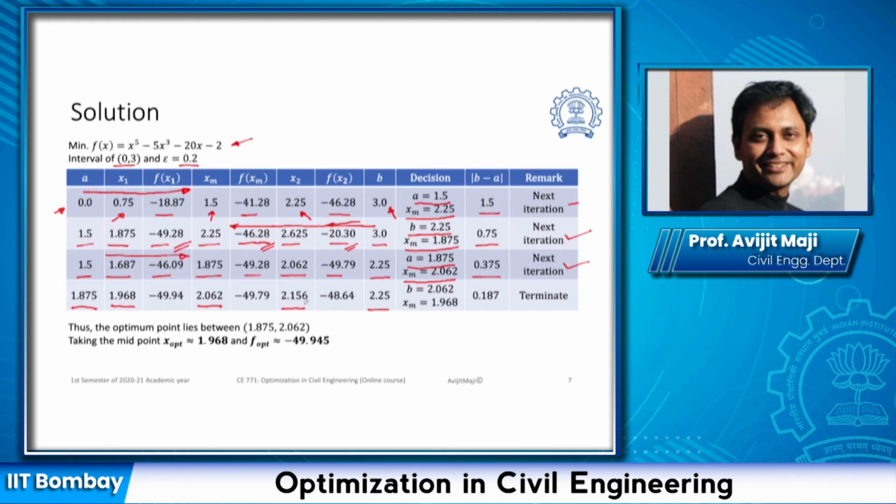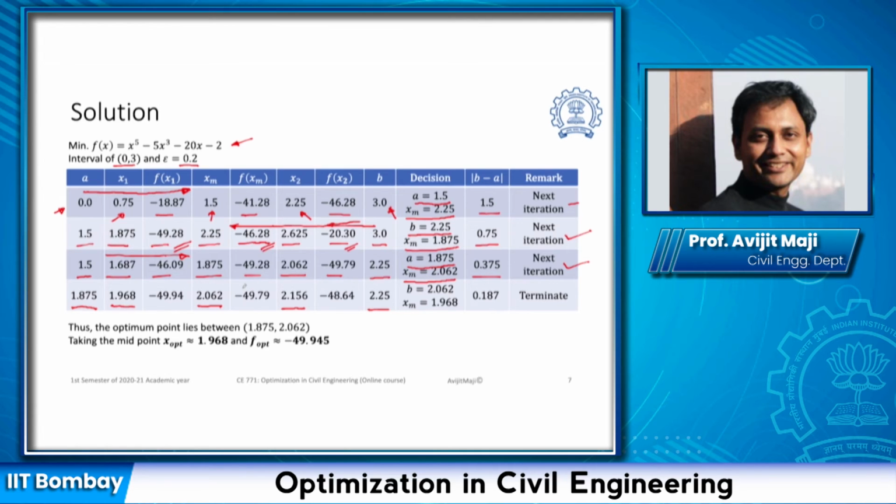When we evaluate the function values at these 3 points, it is very clear to us that the function value is reducing towards x1 when we move from x2, or rather we say the function values are increasing if we move from x1 towards x2.